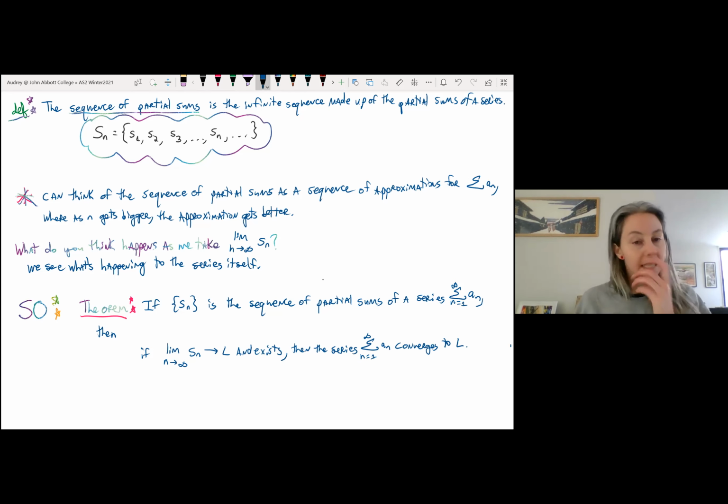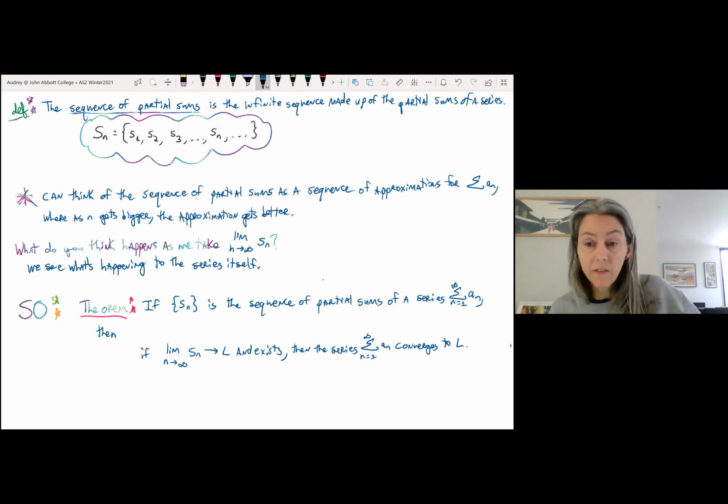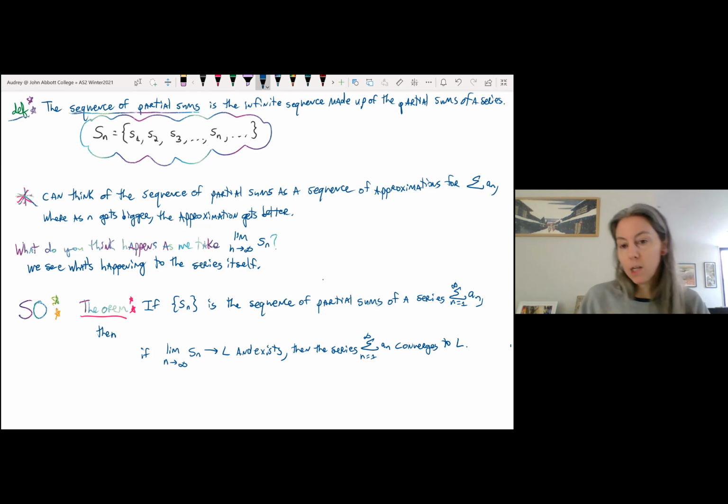If, however, these numbers are just getting bigger and bigger without bound, or smaller and smaller without bound, or maybe they're just going back and forth and never going anywhere, like 3 minus 1 plus 3 minus 1 plus 3 minus 1, then we're never getting anywhere. And so that would mean that my series diverges.